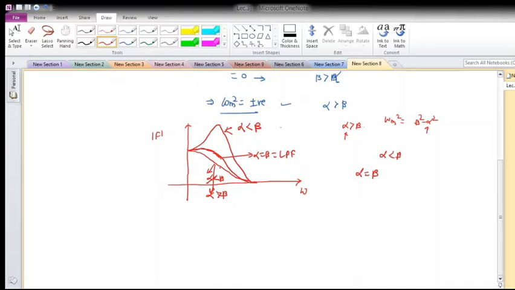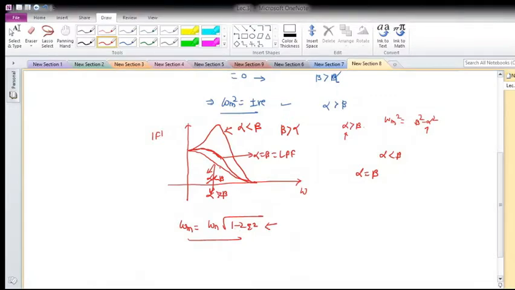So we can observe that only when beta is greater than alpha will there be peaking. And we know that omega m is expressed in terms of omega n and zeta as omega n times the square root of 1 minus 2 zeta square. So let us check when omega m is positive, for which values of zeta. Let me draw some conclusions from this also.